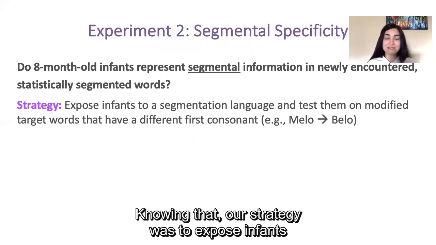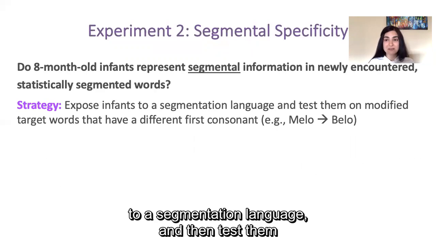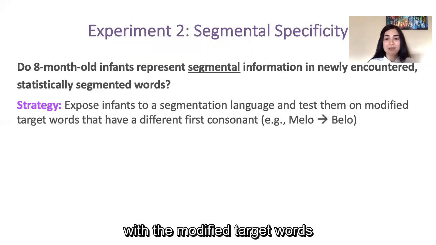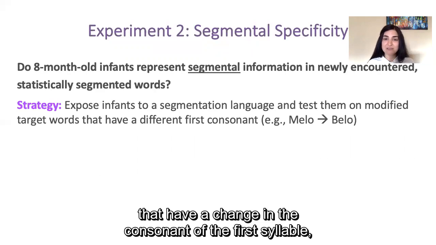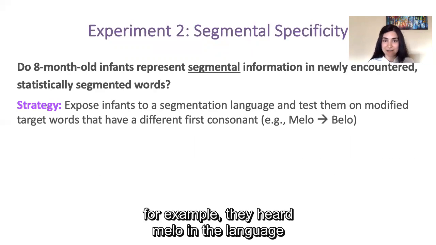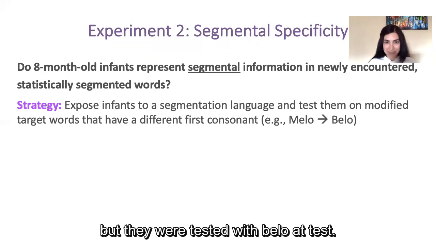Knowing that, our strategy was to expose infants to a segmentation language and then test them with the modified target words that have a change in the consonant of the first syllable. For example, they heard mellow in the language, but they were tested with bellow at test.